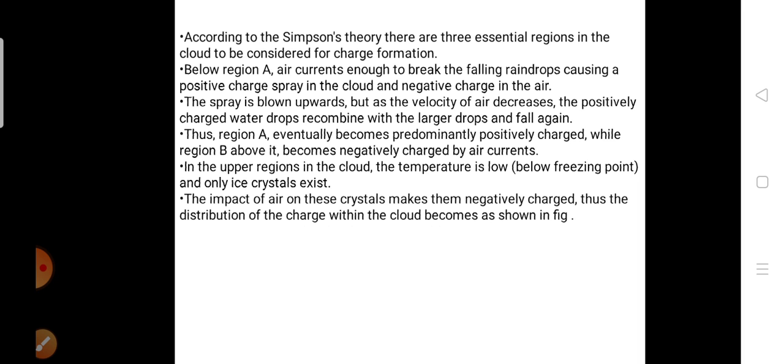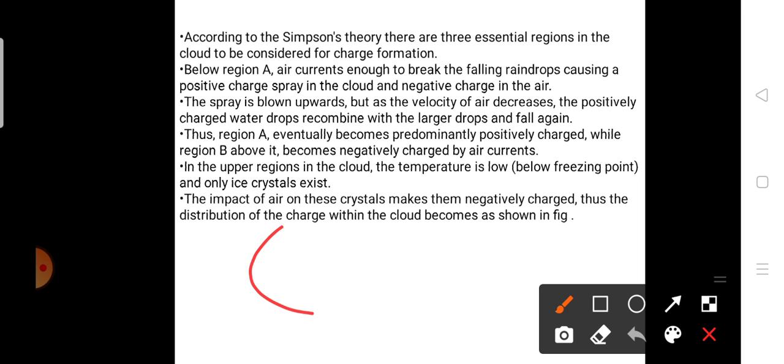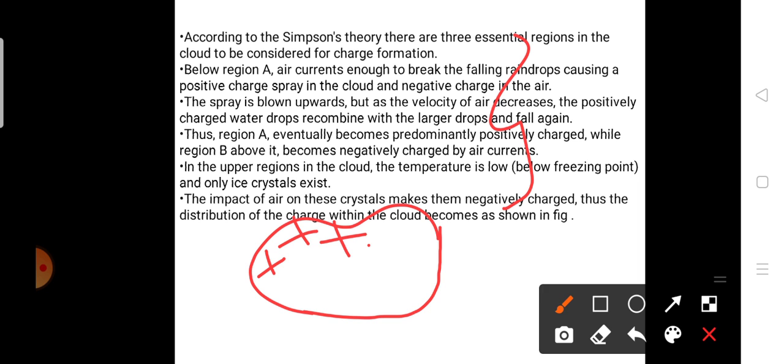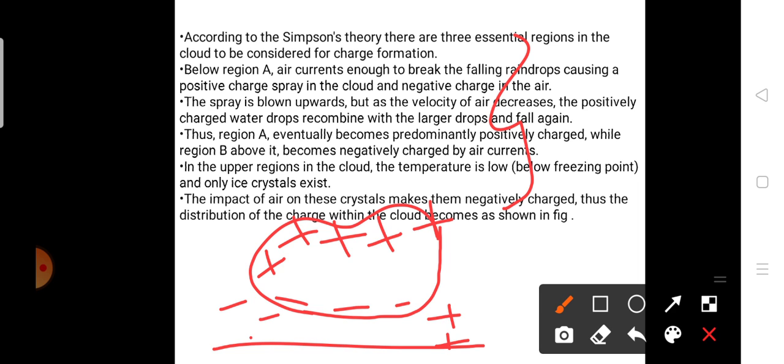So in the figure, according to Simpson's theory, the top part is positively charged and the bottom part is negatively charged. I have positive rain here, I have negative rain here.